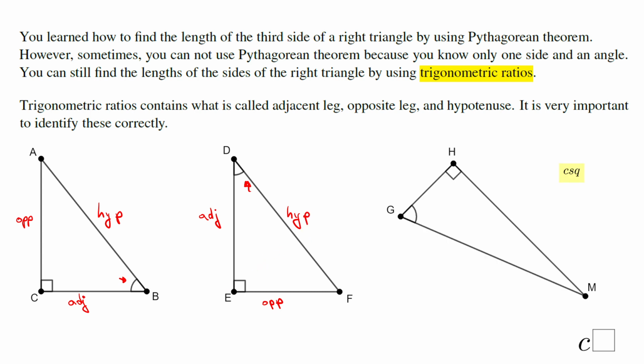And sometimes you're going to have a triangle that is turned the same way. The opposite leg of this angle G will be HM, and the adjacent leg will be GH, and this one will be the hypotenuse.